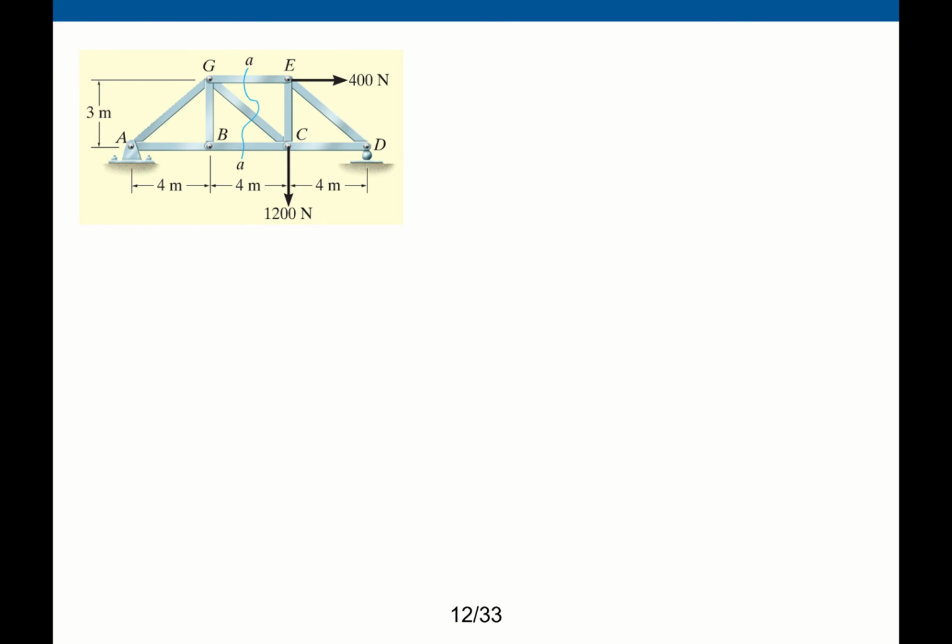So let's draw the free body diagram. Let's define the orientation: right-hand direction is positive x, upper direction is positive y. You can choose this side or this side, it's really up to you, but I'm going to choose the left-hand side. Let me draw the free body diagram.